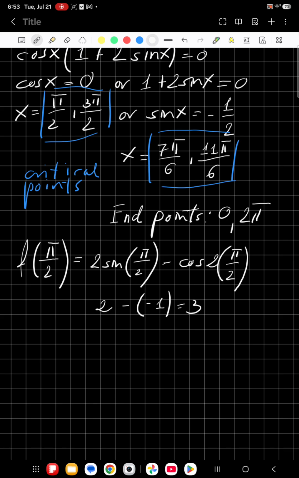Okay, so maybe I'll list those critical numbers plus the endpoints here. So for pi over 2, we have pi over 2. Then we have 3 pi over 2.